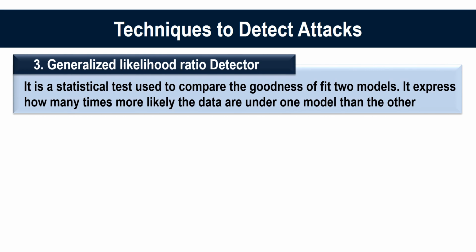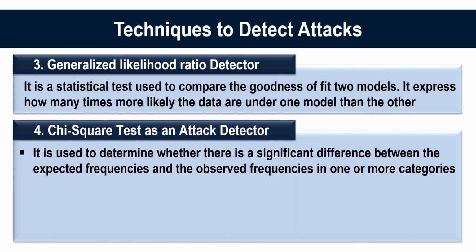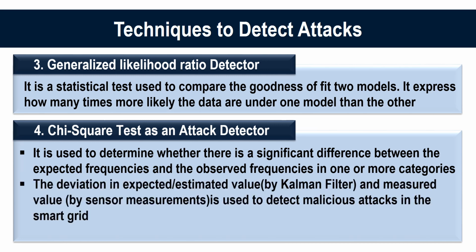Next is the generalized likelihood ratio detector. It is a statistical test used to compare the goodness of fit of two models. It expresses how many times more likely the data are under one model than the other. The fourth one is the chi-square test as an attack detector. It is used to determine whether there is a significant difference between the expected frequencies and the observed frequencies in one or more categories. The deviation between the expected and estimated value and the measured value is used to detect malicious attacks in the smart grid.